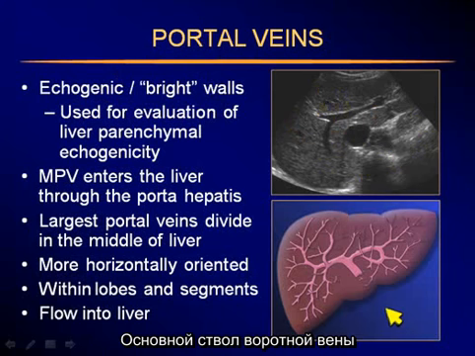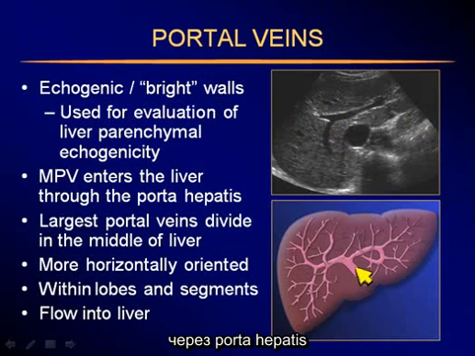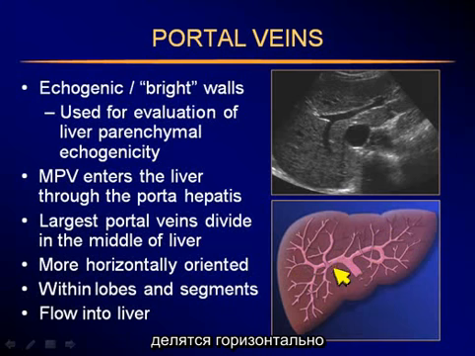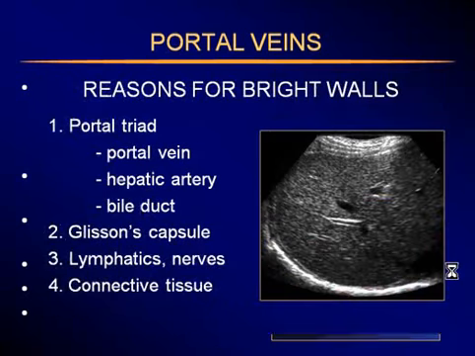The main portal vein enters the liver through the porta hepatis and almost immediately splits into a right and left portal vein. The largest portal veins divide horizontally approximately in the middle of the liver, and they supply lobes and segments, and they carry blood flow into the liver.